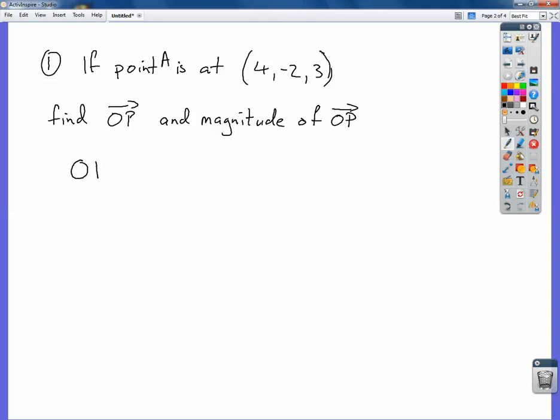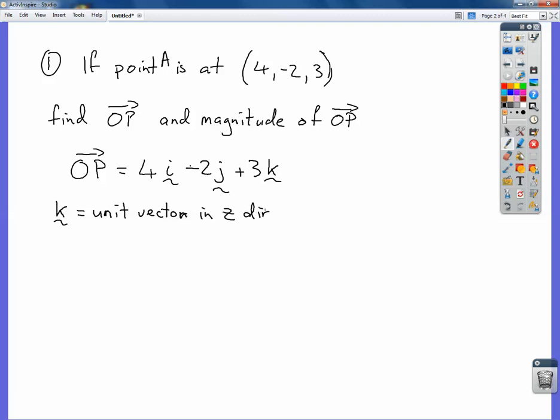So the vector OP is going to be 4i minus 2j plus 3k, where k, we've already met i and j, k is a unit vector in the z direction.